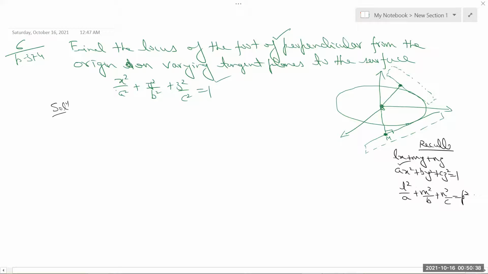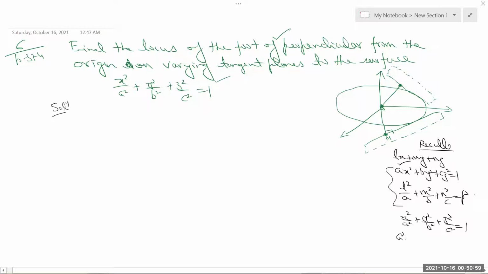In our case, for the central conicoid, the coefficient of x square is 1 by a square. So this equation is x square by a square plus y square by b square plus z square by c square equal to 1. I need to replace a by 1 by a square, b by 1 by b square, and c likewise.